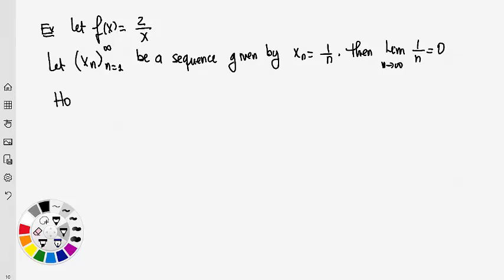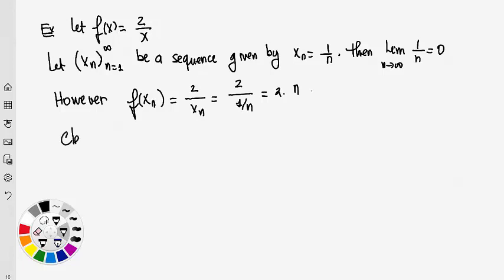However, f of xn will be 2 over xn, which is 2 over 1 over n, which is 2 times n.